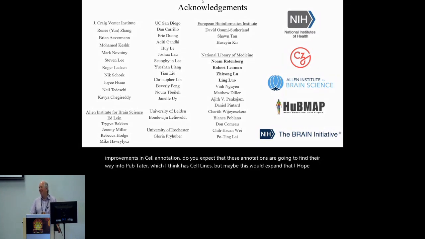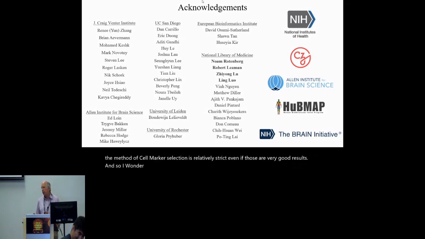Okay. Yes. Awesome. And then the other one is for the knowledge graph-based approaches. It seems that the method of cell marker selection is relatively strict, even if it gives you very good results. I wonder if you could comment on whether that is too strict for when you start linking it back to function, because you may have things that are inferior markers, but still very functionally important. Yeah, no, I think that's a great point.